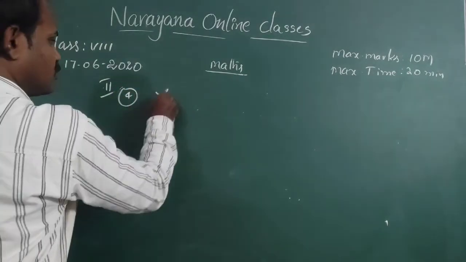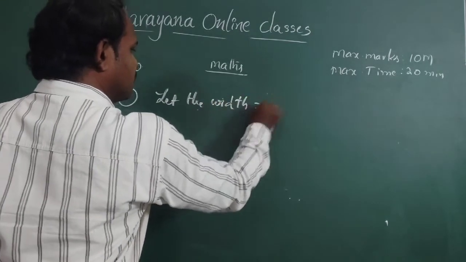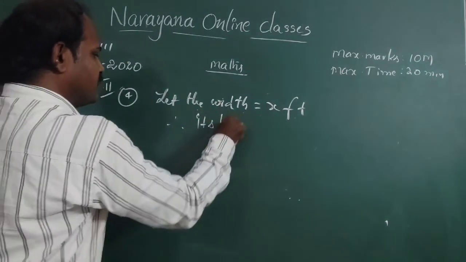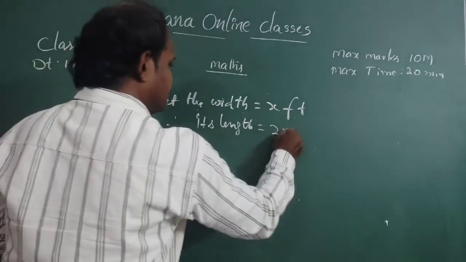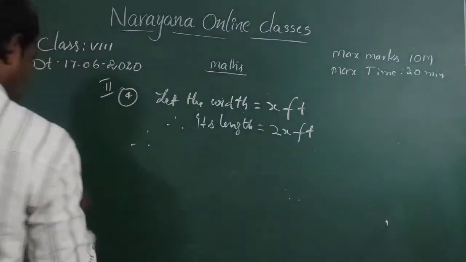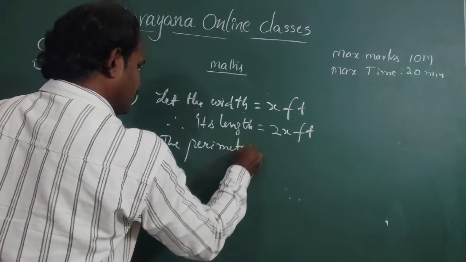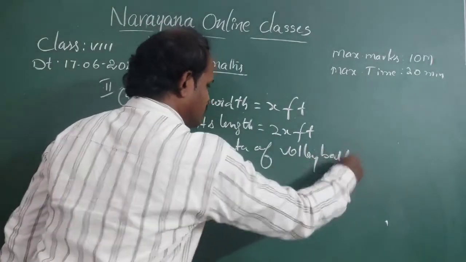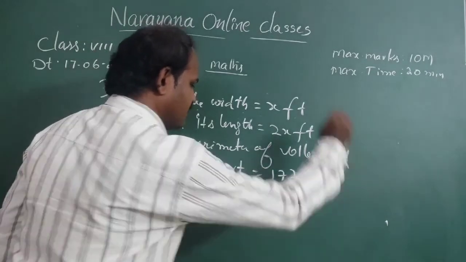Let the width be x feet. Therefore, its length is equal to 2x feet. Therefore, the perimeter of the volleyball court is equal to 177 feet.